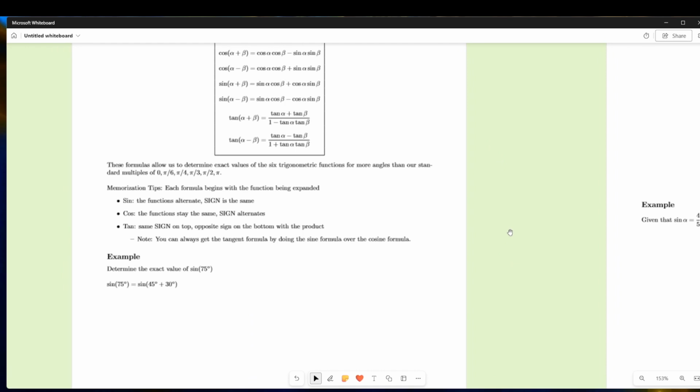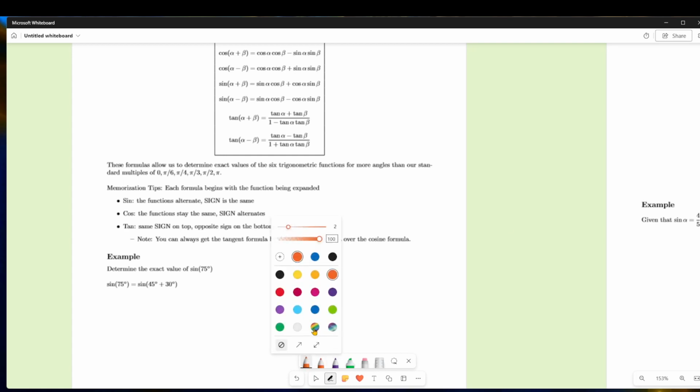If we look at this first example, it is asking us what the sine of 75 degrees is. And as I said, we could grab a calculator that has scientific functions on it and ask it what the sine of 75 degrees is, and it will give us a decimal approximation, and a pretty good one.